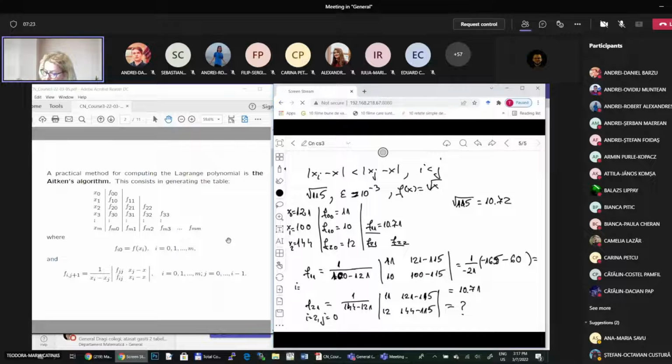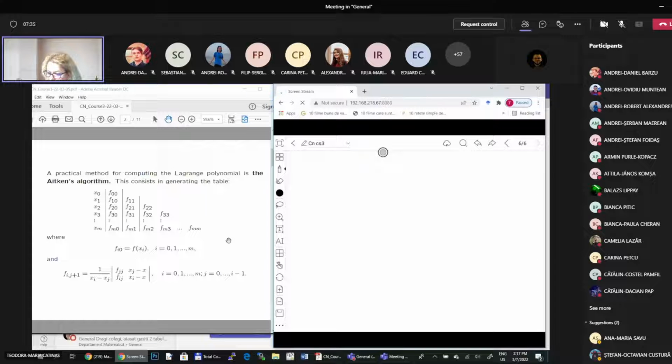Okay. And we have some value there. It's necessary to compute F21 in order to get F22. That is the value that we are interested in for this line. F22: i is 2, j is 1.